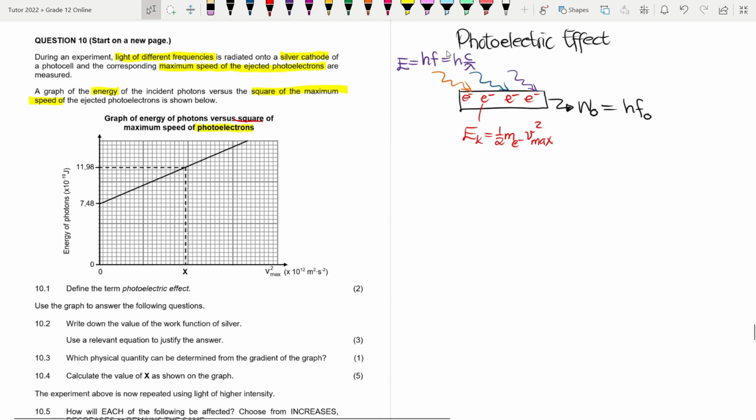Why we always emphasize maximum velocities, because sometimes electrons don't move as fast, but what we can do with this equation is only to find the maximum velocity. And then the equation for photoelectric effect says E equals work function plus kinetic energy, which you can expand as well.